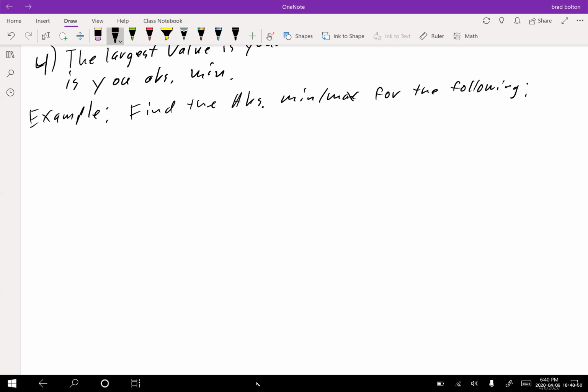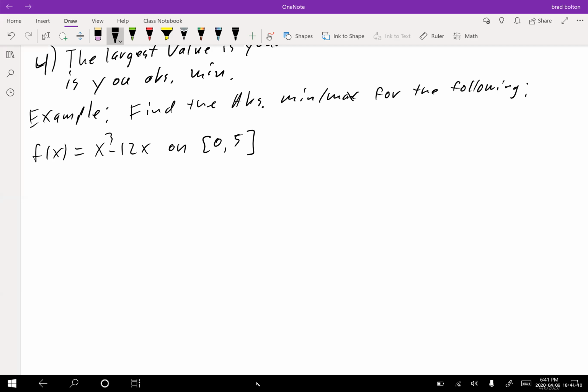So we have f of x equals x cubed minus 12x on the interval 0 to 5. Now, the important thing is x cubed minus 12x, you know right away that's a polynomial. And what do we know about all polynomials? They're continuous. So boom, we're done with that.